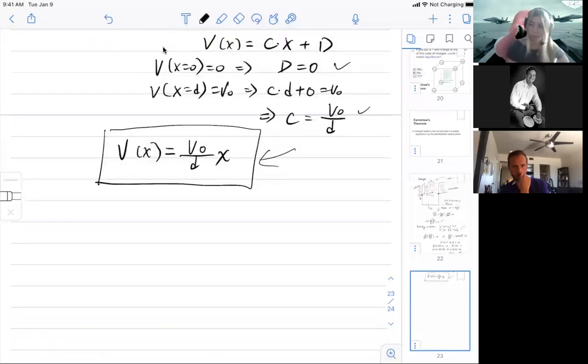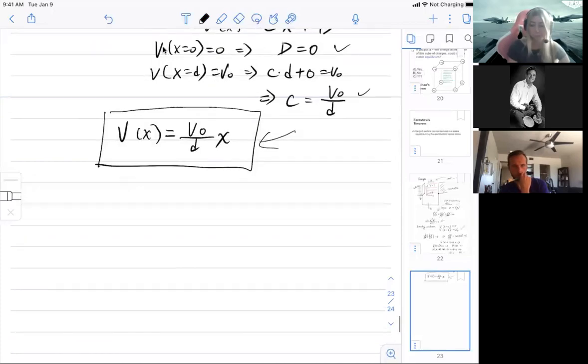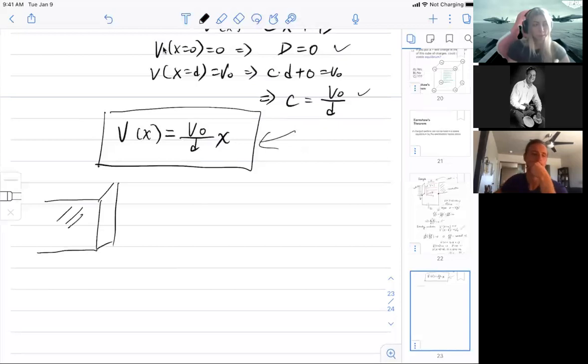Why is that? Because if they don't give you V, you cannot match up V, but if they give you charge density, for example, the same problem, now instead, I don't give you the V for this one.